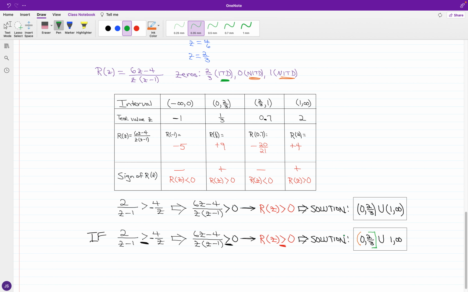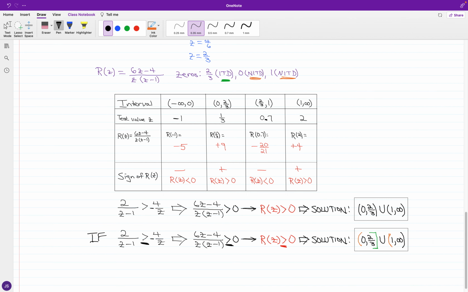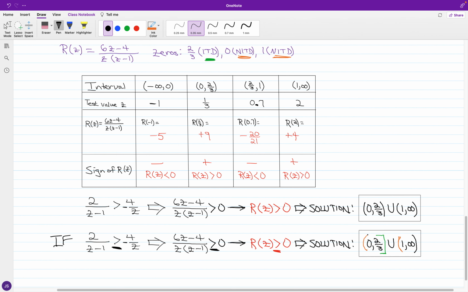And 1 is not in the domain, so that's going to be in the parenthesis, and the infinity is boundless, so that's also going to be in the parenthesis. If our statement had the equal sign, that would be our interval solution.